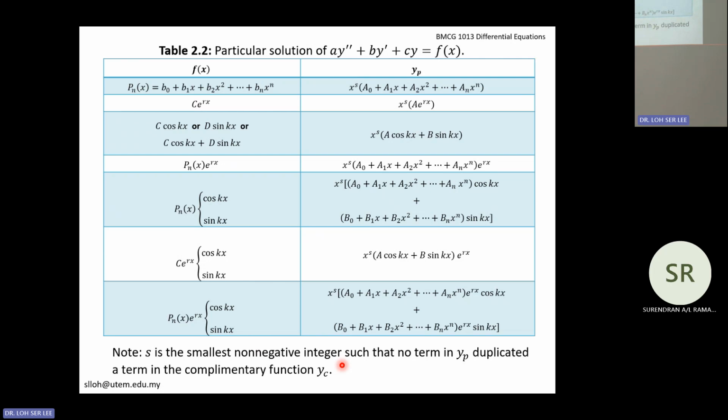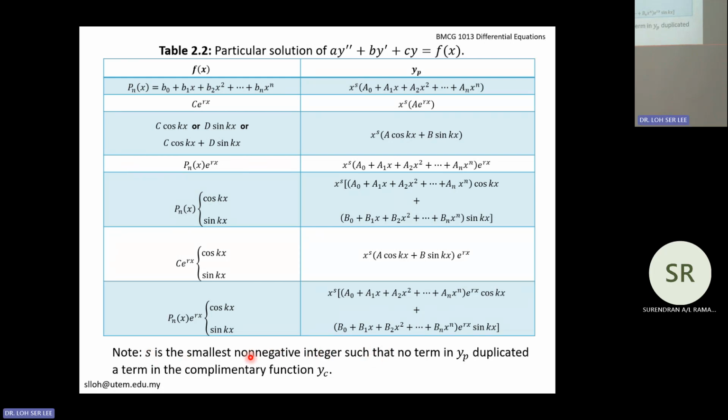What is the smallest non-negative integer, 0 or 1? 0. 0 is the smallest non-negative integer because 0 is not negative and 0 is also not positive. Non-negative means it will start from 0. So the smallest one is s equals 0. It must be an integer.